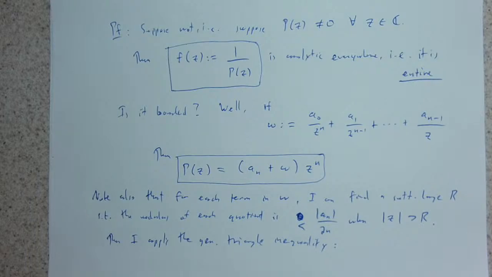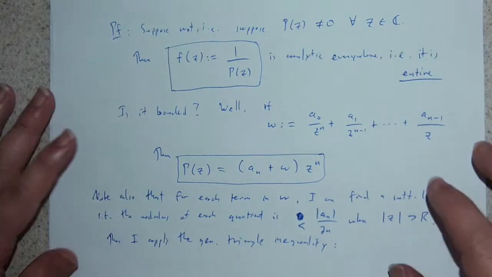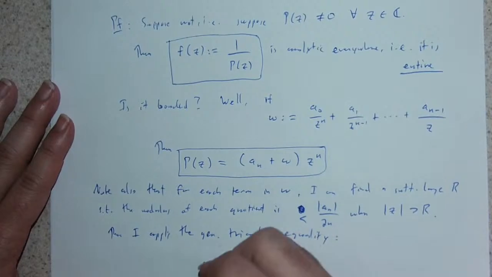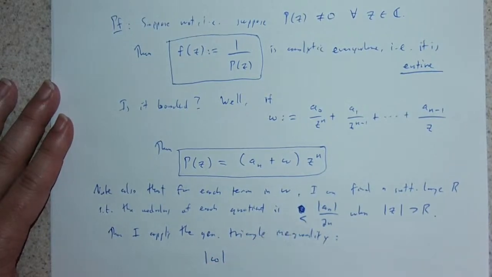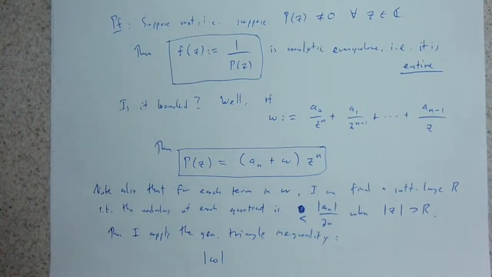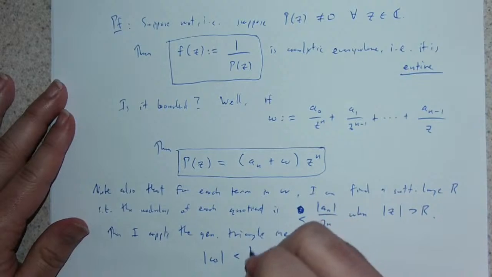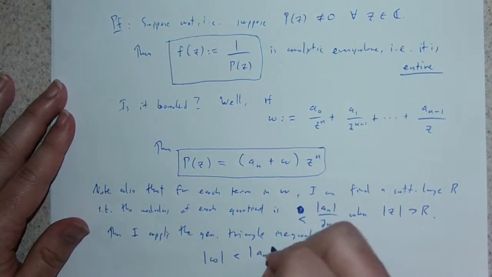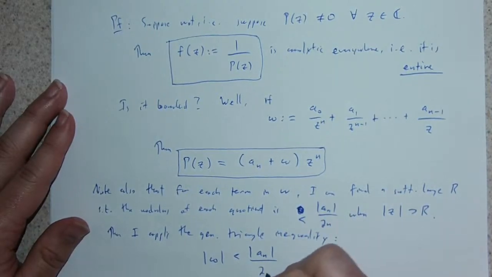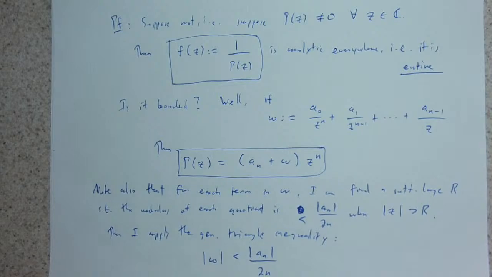And thus, I know that the modulus of w is strictly less than the modulus of a sub n over 2n.